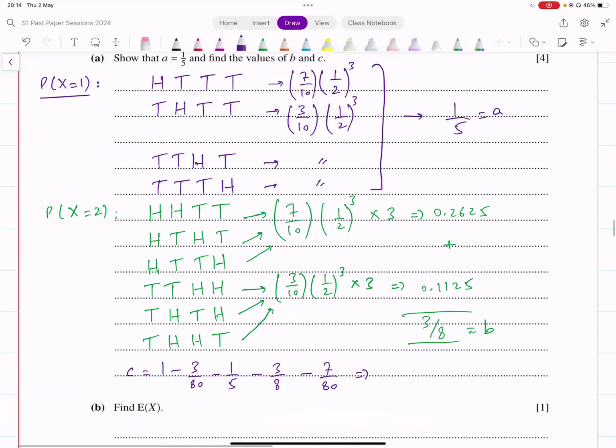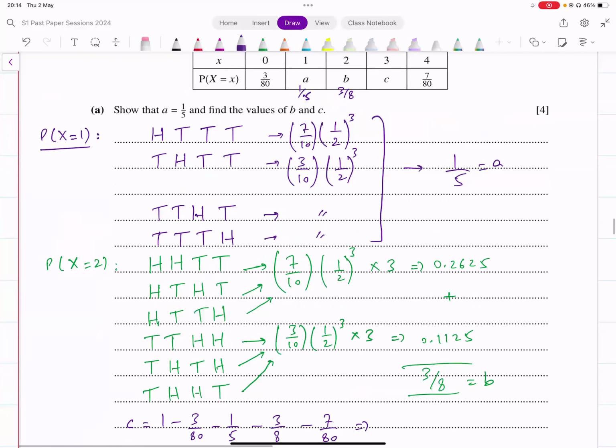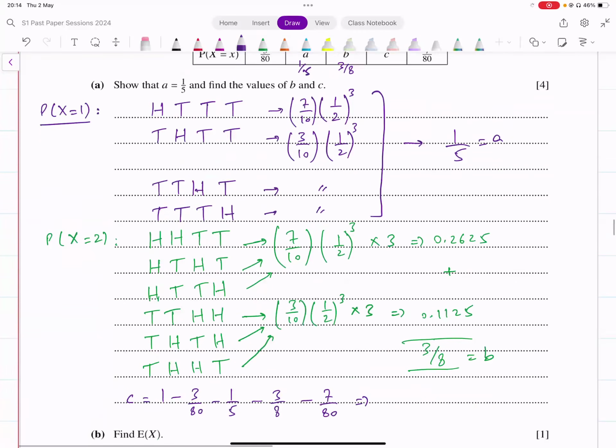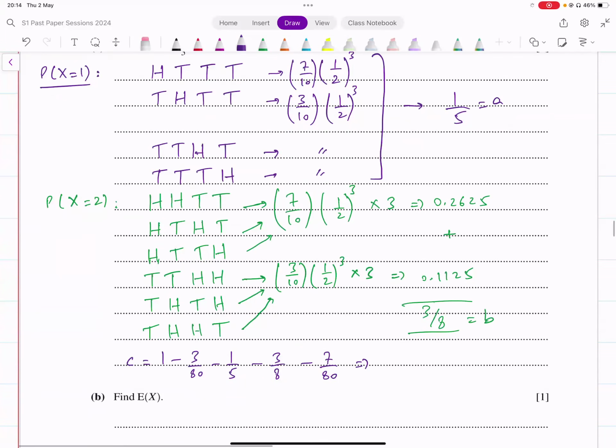Okay, let's see what this turns out to be. 1 minus 3/80 minus 1/5 minus 3/8 minus 7/80. Let's check this again. That's 3/10.